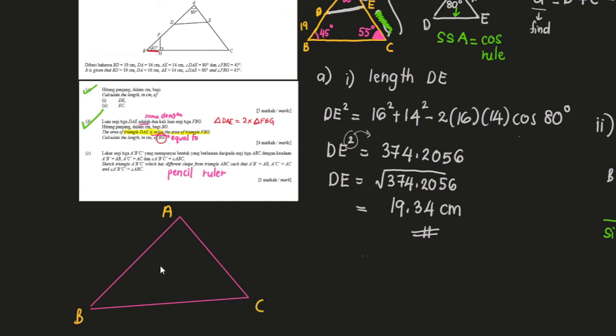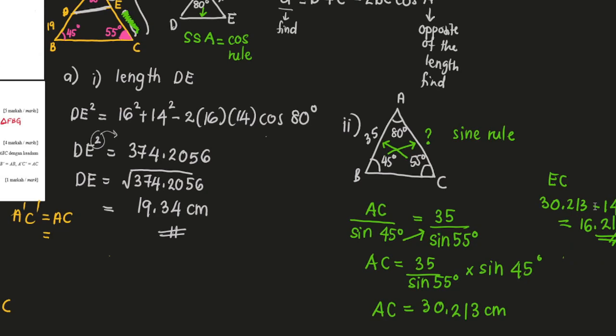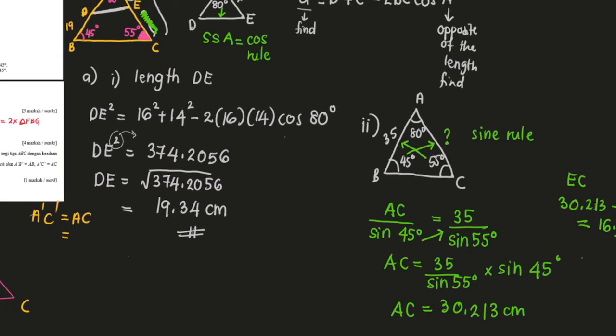Okay, just draw the big one first, because here the information is all regarding A, B and C only. The first part, they say that A prime B prime is equals to AB. AB just now was 35 cm. Then they say that A prime C prime is equals to AC. AC we found earlier, 30.213.